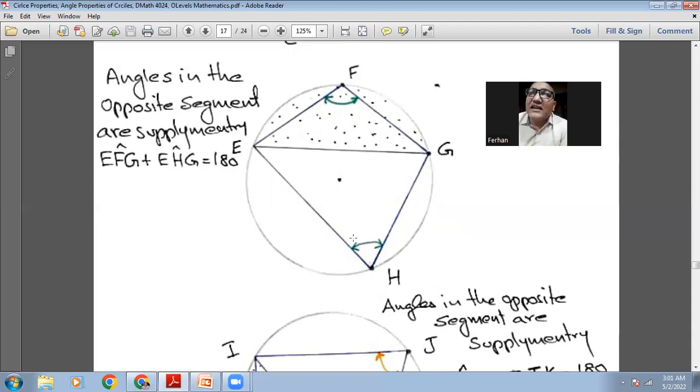This angle and this angle are both angles subtended by the chord EG on the circumference, but they are in the opposite segments. So their sum will be 180. They will be supplementary to each other. For example, the angle EFG plus the angle EHG equals 180. The angles in the opposite segment are supplementary.